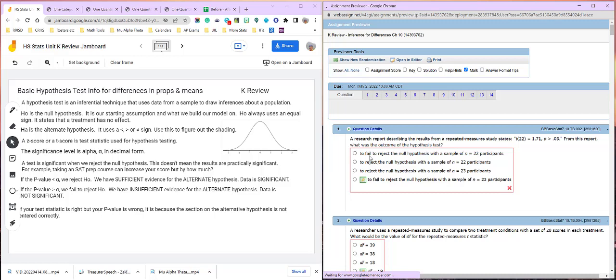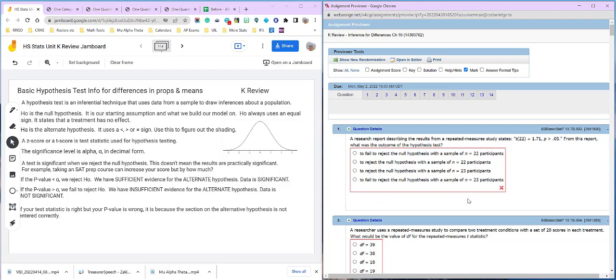All right. So the first question is, a research report describing the results from a repeatedly measured study states that your t-value with df 22 equals 1.71 and your p-value is greater than 0.05. So if it's greater than 0.05, we definitely fail to reject. So it's one of the two fail to reject.